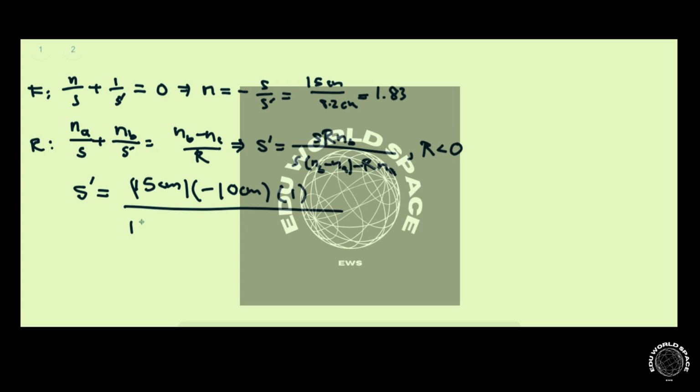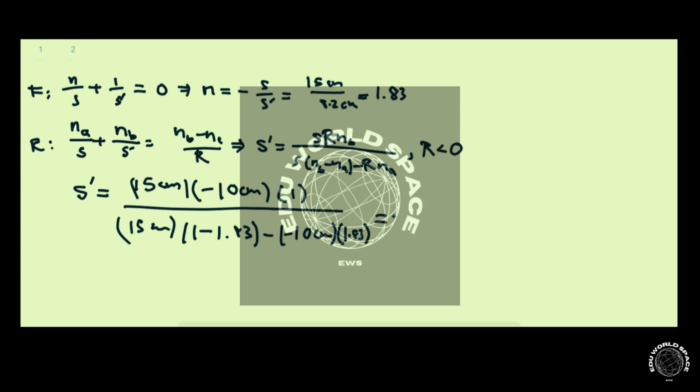And again, S is 15 centimeters, NB is 1, and NA is N, which is 1.83, minus negative 10 centimeters times 1.83.